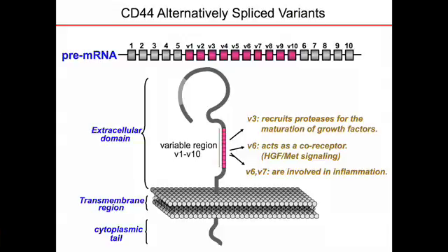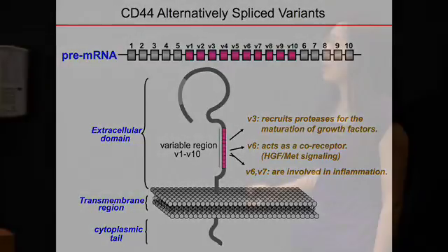So again, this is the cellular membrane, and CD44 is the cell membrane protein that, this variable exon V6 containing variant, can form co-receptor complexes with growth factors and receptor tyrosine kinases. This co-receptor activates Ras/MAP kinase signaling inside cells.